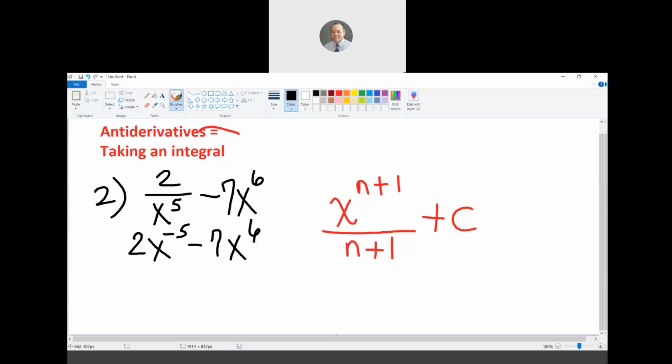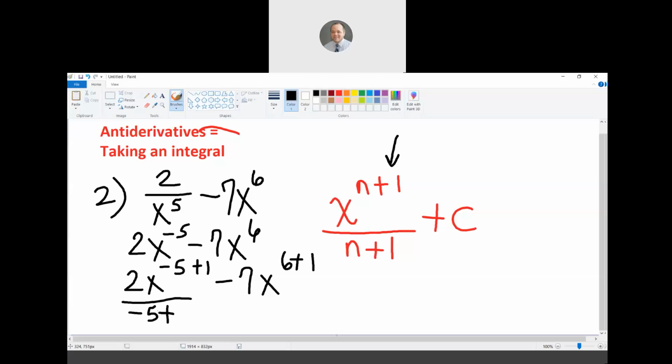So we'll add 1 to the original exponent for both terms. And according to our antiderivative rule, we'll divide each term by our new power, our new exponent. So first we'll divide by negative 5 plus 1.